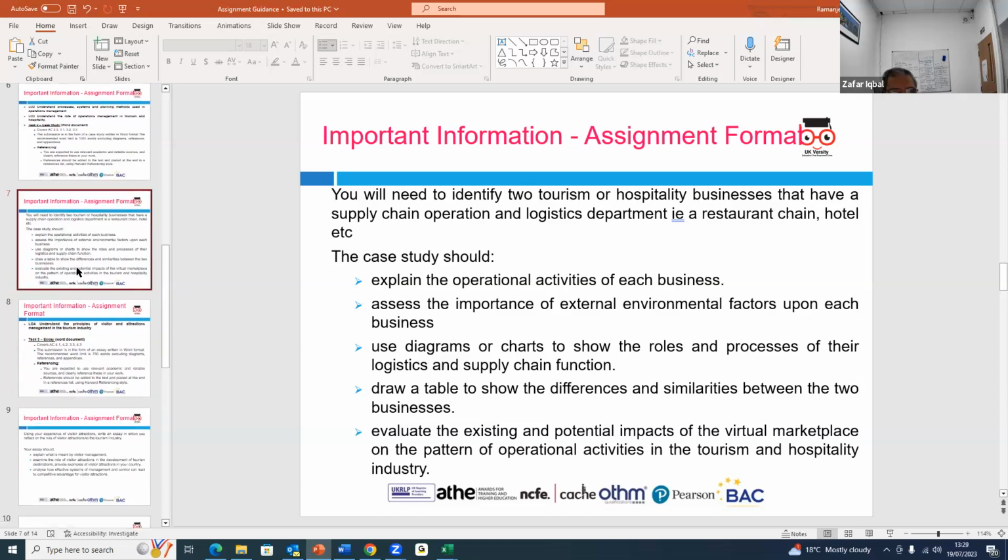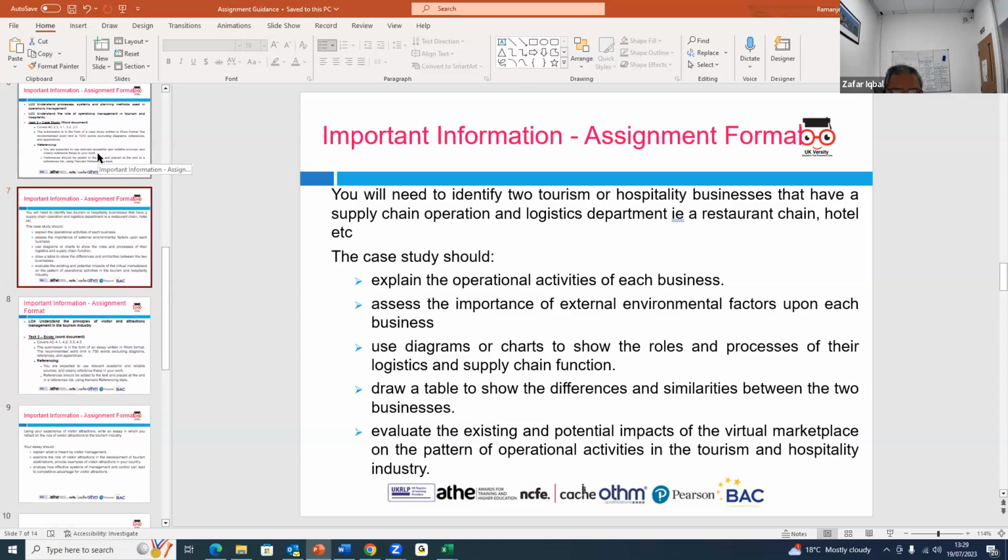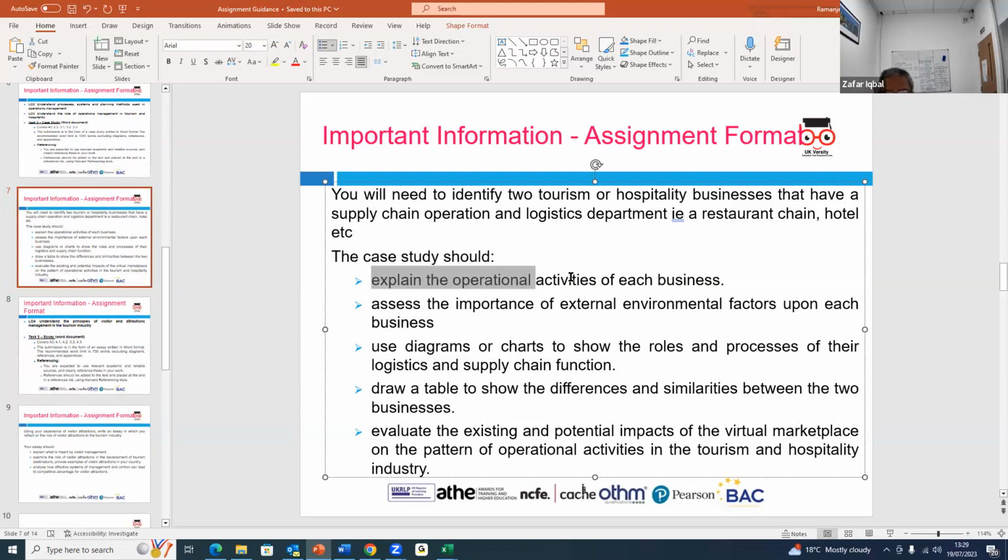You study that, you research them, and you look at how they differ. For example, how do the operational activities differ from each other? The case study should explain the operational activities of each business.